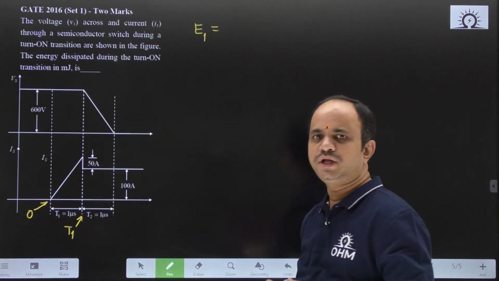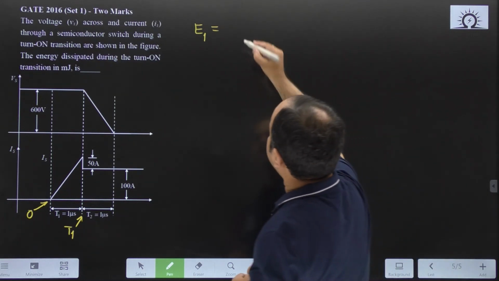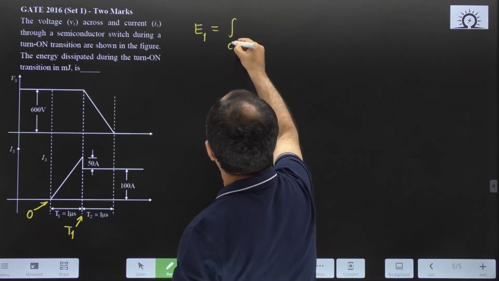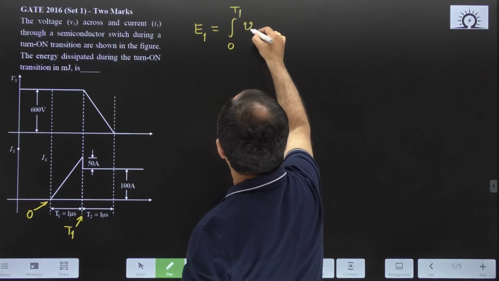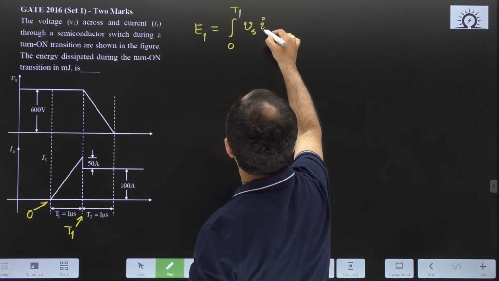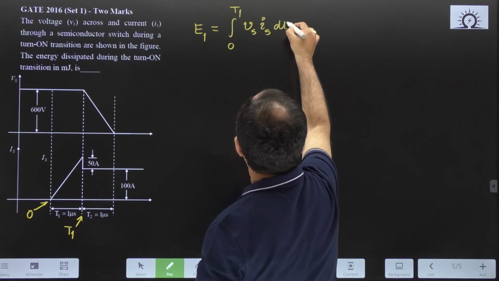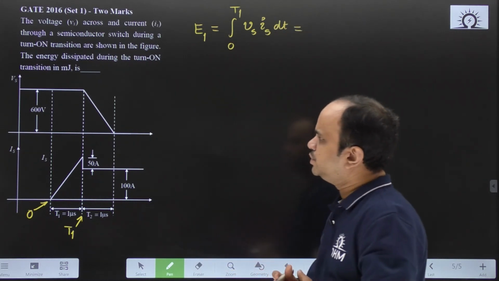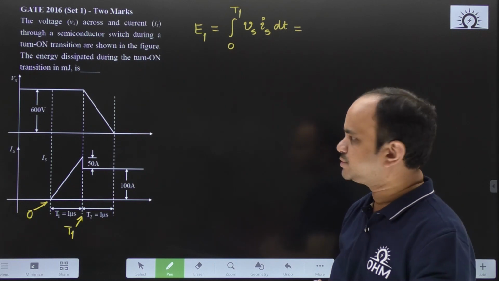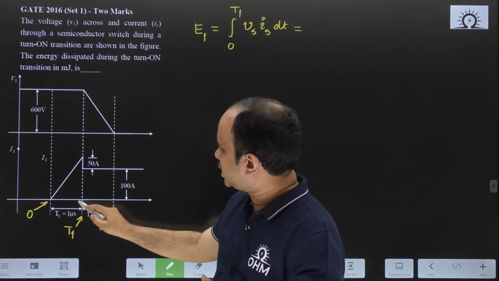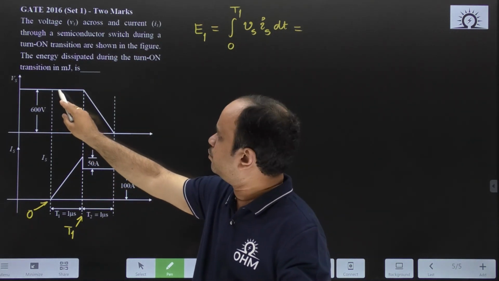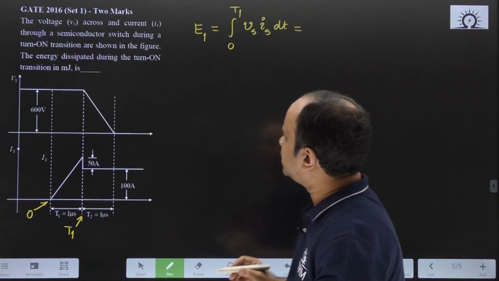Therefore, the energy loss during the first interval, let us call it E1, can be written as the integration from 0 to T1 of the voltage across the switch multiplied with the current flowing through the switch, Vs multiplied with Is. Now, in this interval we can closely observe that the voltage is constant, that is 600 volt.